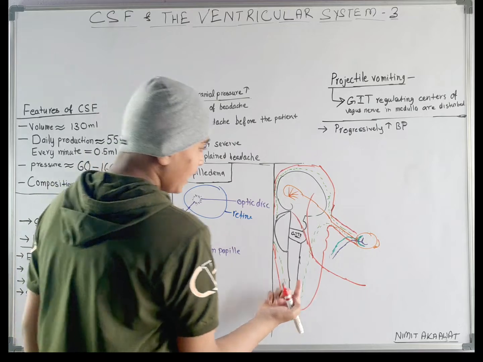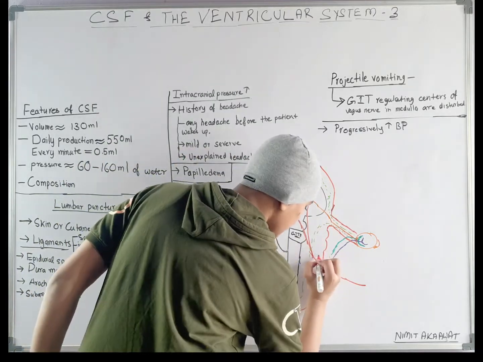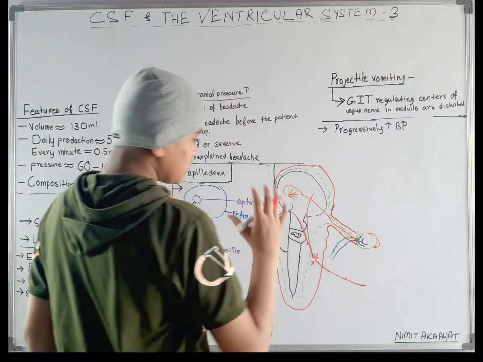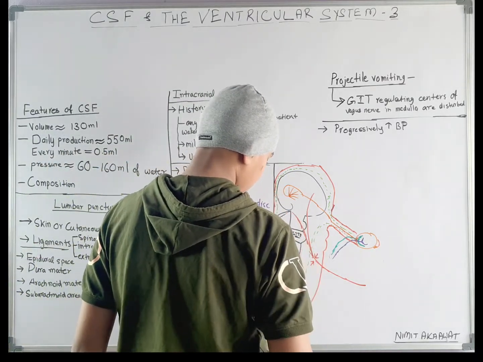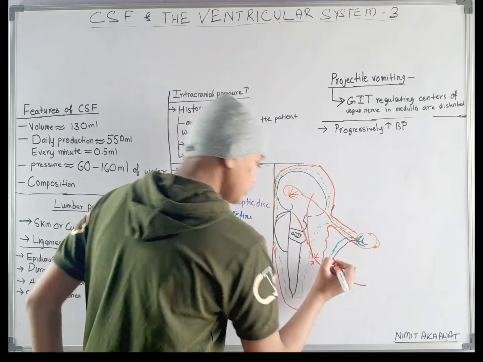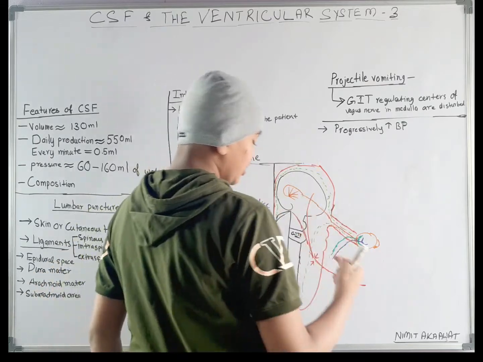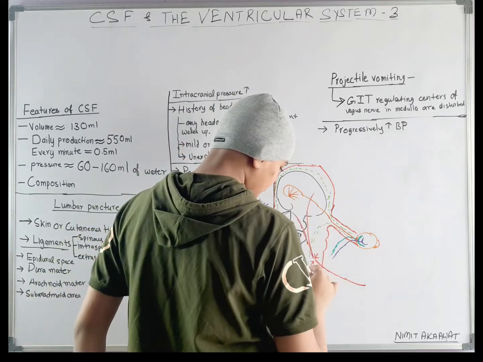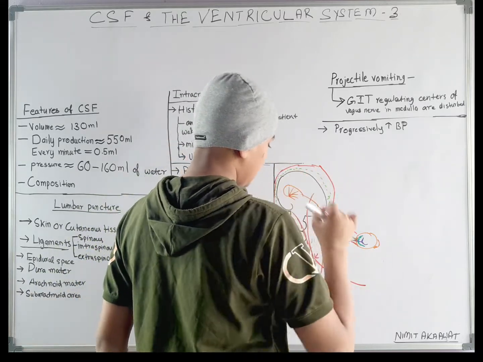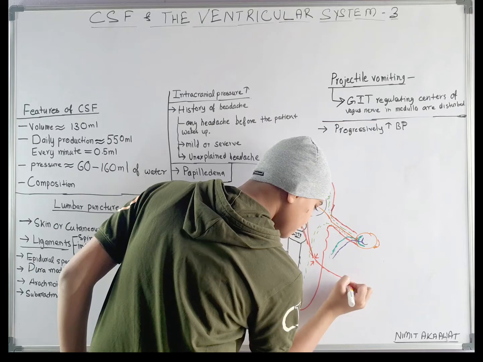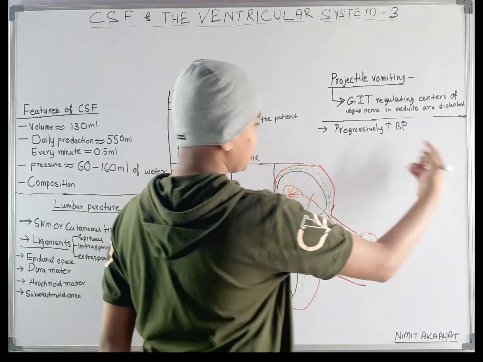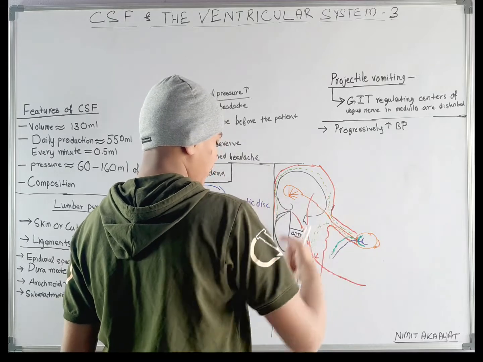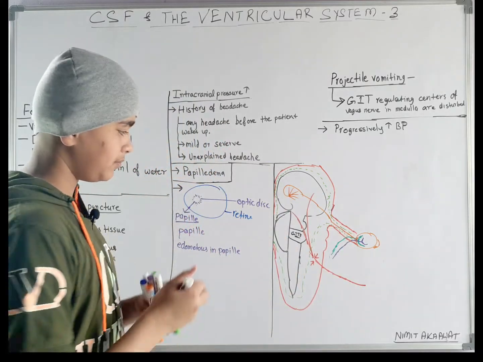Now, because of high intracranial pressure, this artery is compressed, but the central nervous system needs blood. So, the blood pressure increases, then this artery will not compress because of the high intracranial pressure. And if the blood pressure is high, this artery will not compress and can supply blood to our central nervous system.